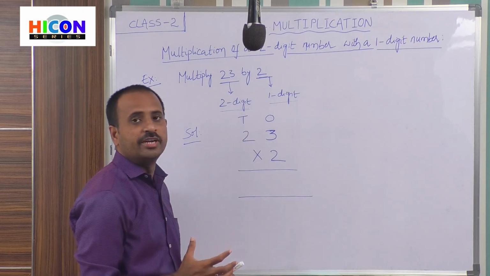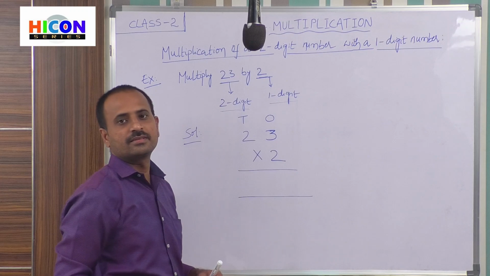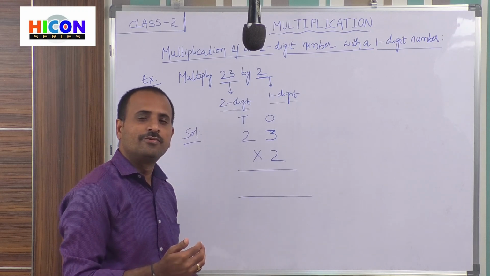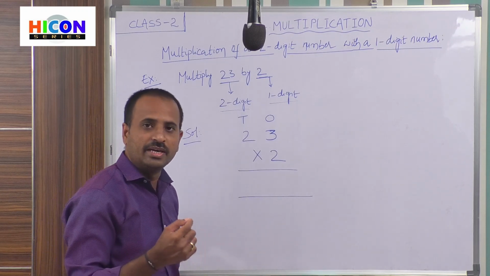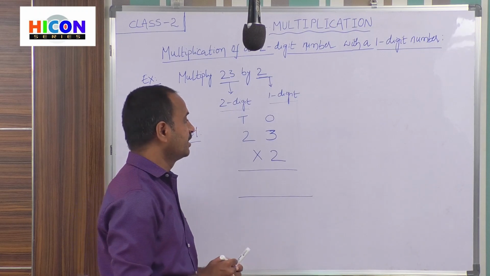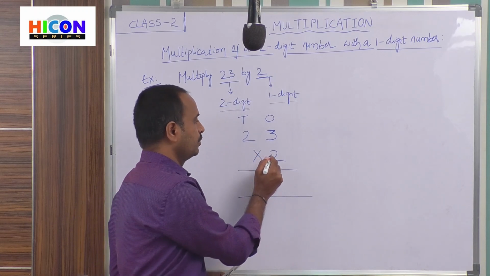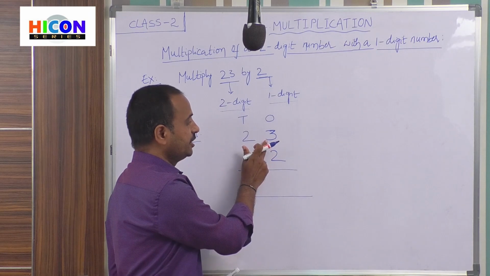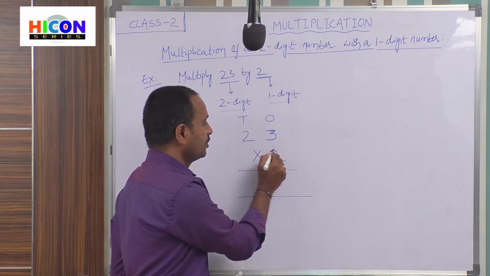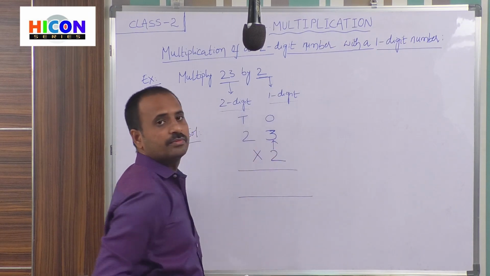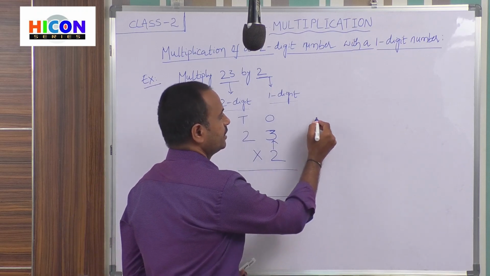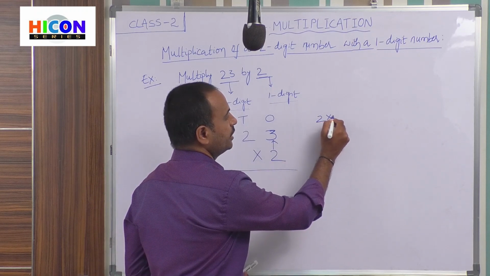Now start the multiplication from the ones place. First multiply the digit present in the ones place with 2. That is 3, so 2 into 3.